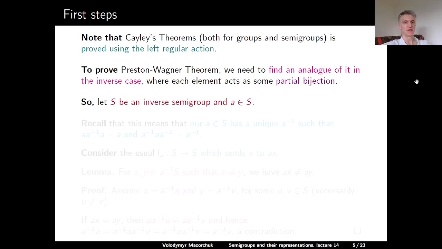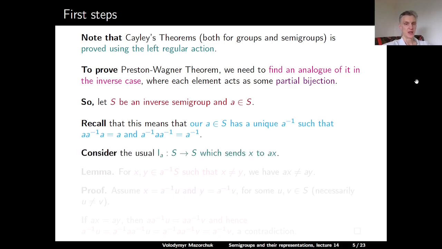So let S be an inverse semigroup and let A be an element of S. Recall that this means that for this A, there is a unique element denoted A to the power minus 1, or the inverse of A, such that A A inverse A is equal to A, and A inverse A A inverse is equal to A inverse.